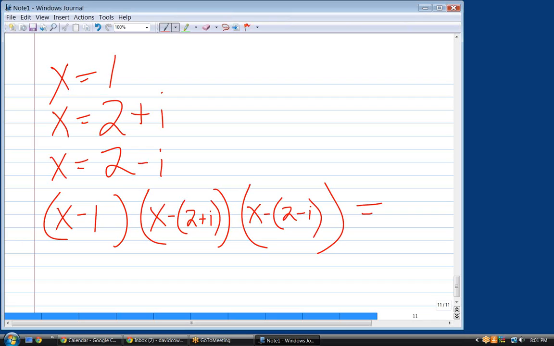Okay? You with me? Yes. Now let's remove the inside parentheses. Well, this becomes x minus 2 minus i. This one becomes x minus 2 plus i. And we still have our x minus 1.